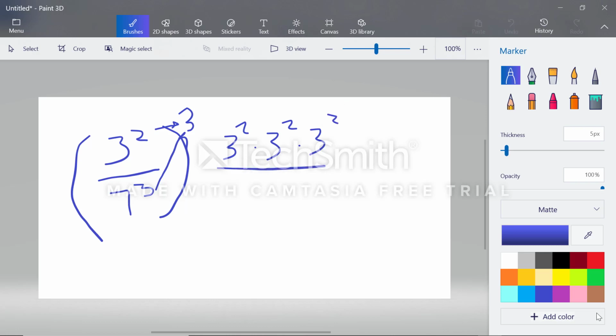And then this is over 3 groups of 7 to the third power times 7 to the third power times 7 to the third power, right?